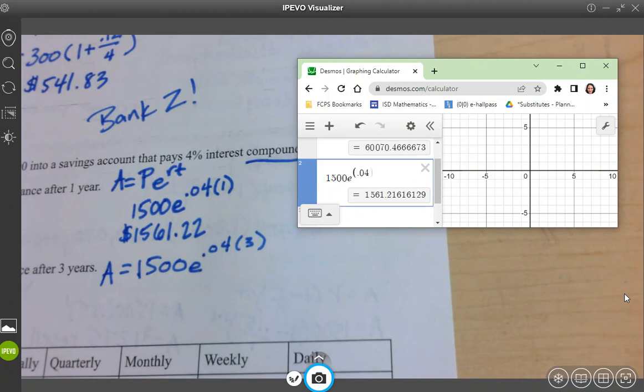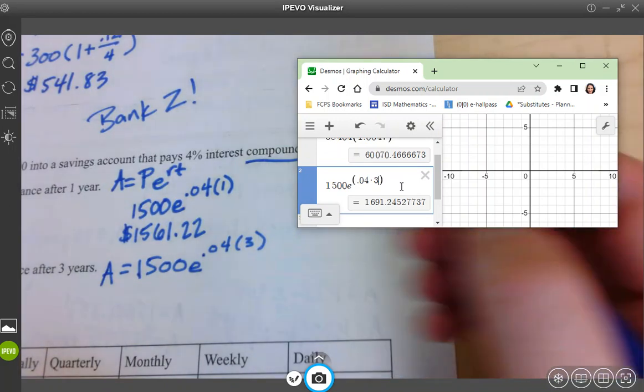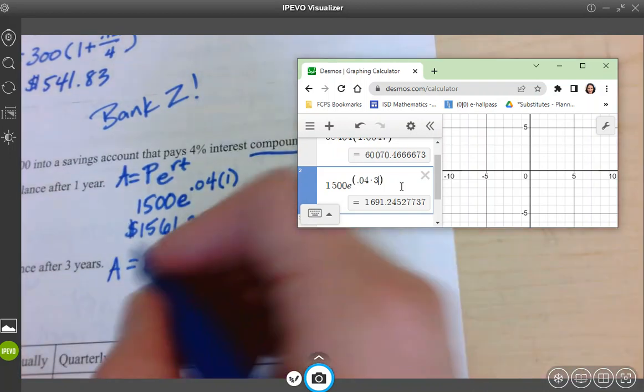If you put parentheses, it will let you multiply. Oops, that's not what I was trying to do. Try again. Times 3. You just type E. Just type the letter. All right, so after 3 years, I have $1,691.25.